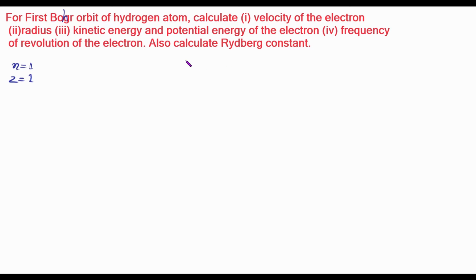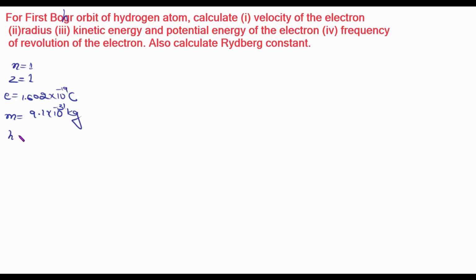To calculate all this you need to know a few basic values. One is the charge of the electron, which is 1.602 into 10 to the power of minus 19 coulomb. Next, the mass of an electron is equal to 9.1 into 10 to the power of minus 31 kg.